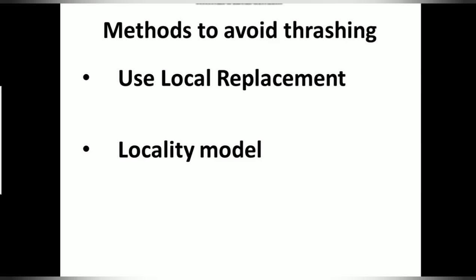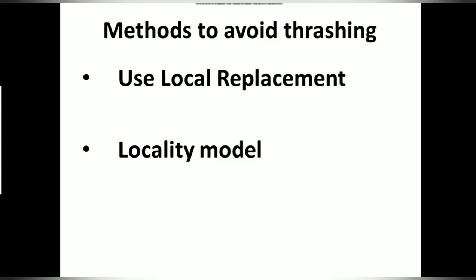For example, when a function is called, it defines a new locality where memory references, and then each of its function calls, local variables, global variables, all of it has a different locality of memory reference.